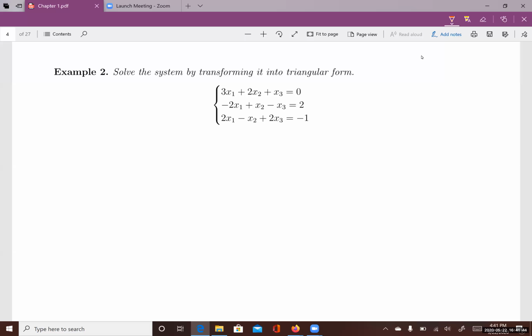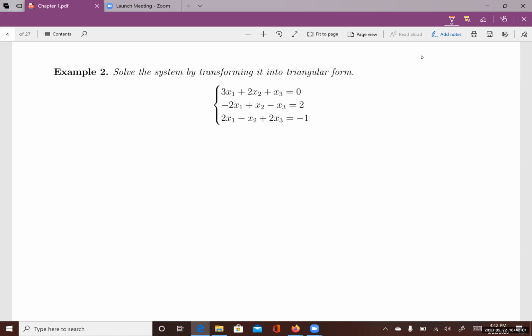So let's do an example here. You have a system of 3 equations with 3 variables, x1, x2, x3. You want to transform it into a strict triangular form, if possible, and then solve the system.